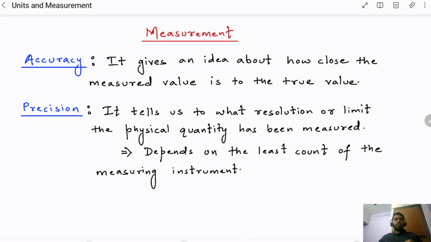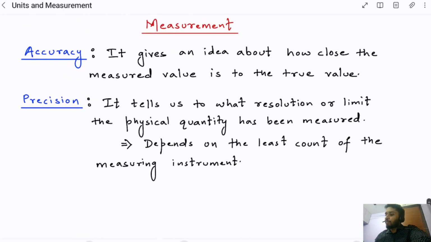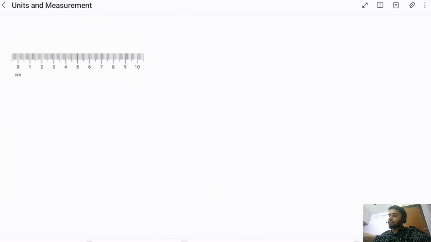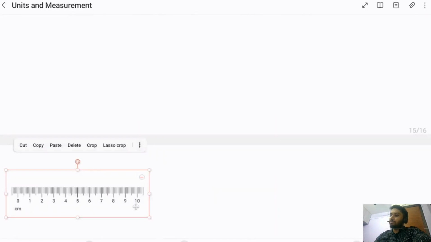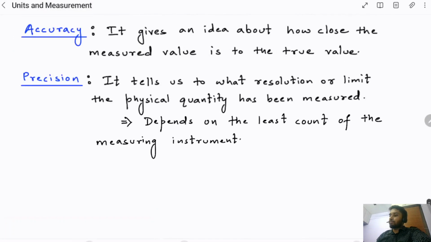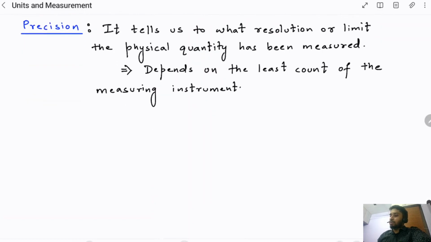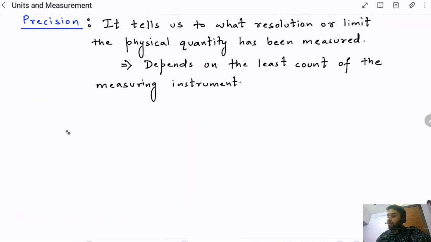Let us understand this with an example. Suppose we have an object whose length is exactly 5 centimeter.